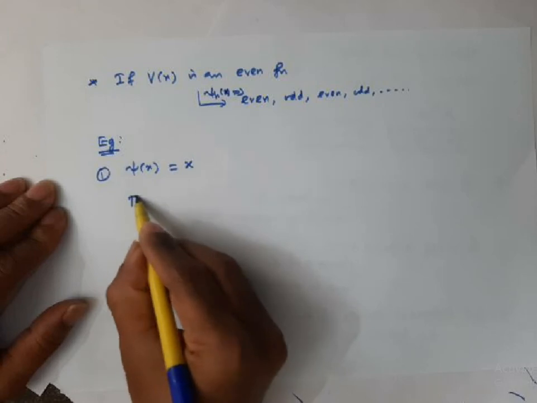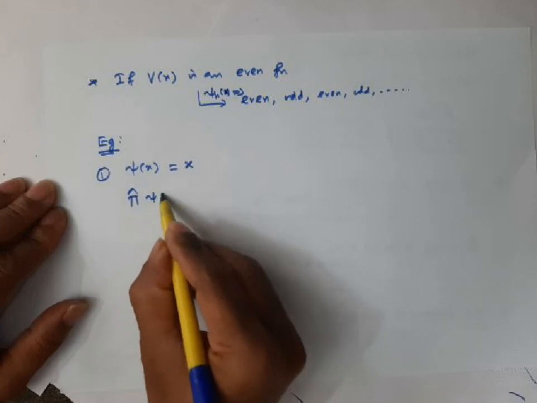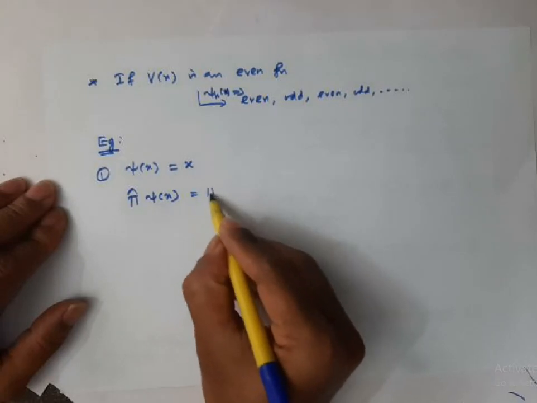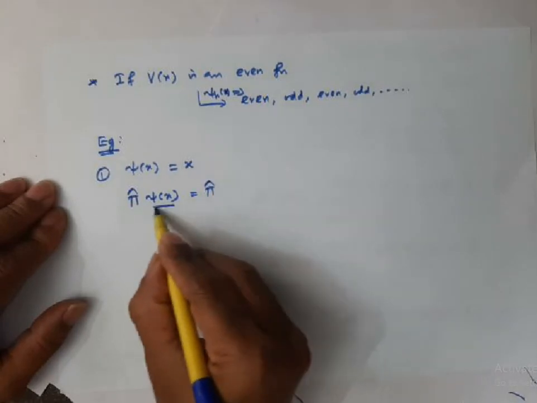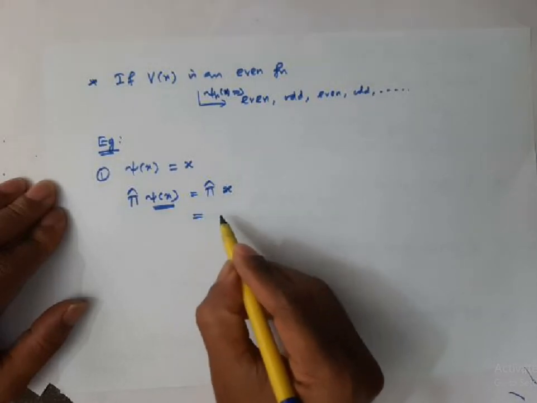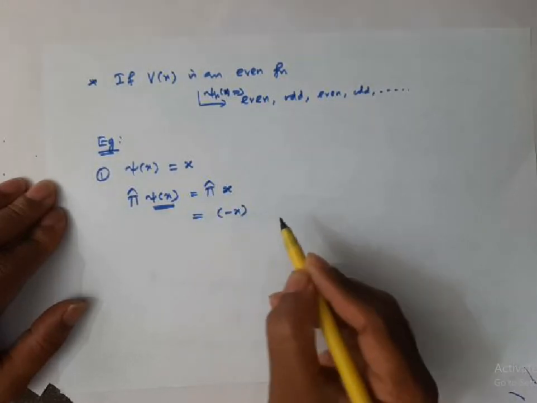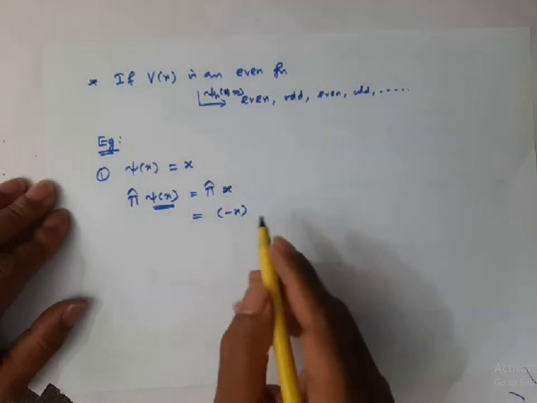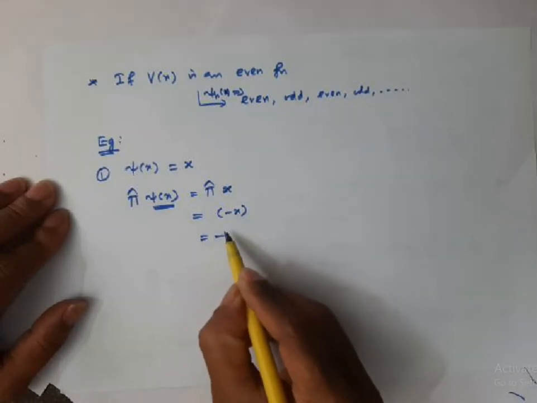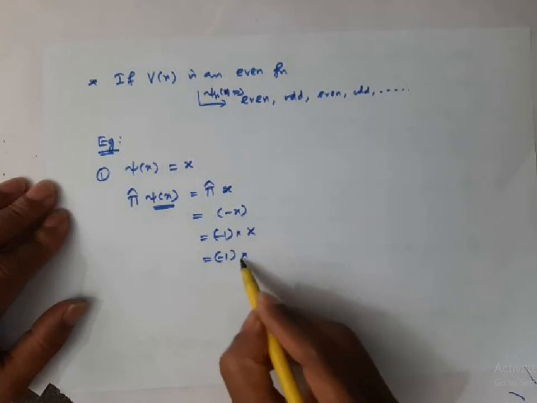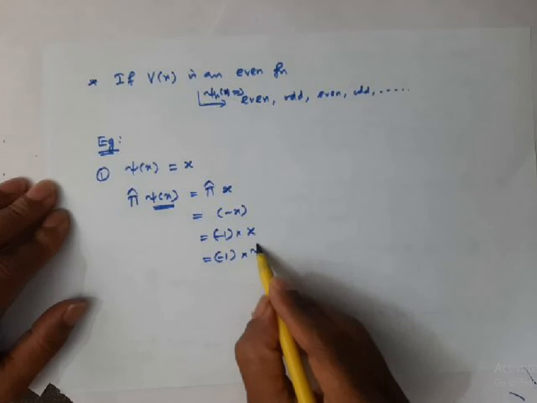I'll apply the parity operator on the function psi of x, which is x. Applying the parity operator means changing the sign of the coordinate, so I put minus x. This is nothing but minus 1 into x, where x is the given function.